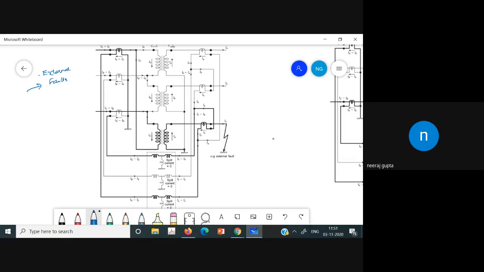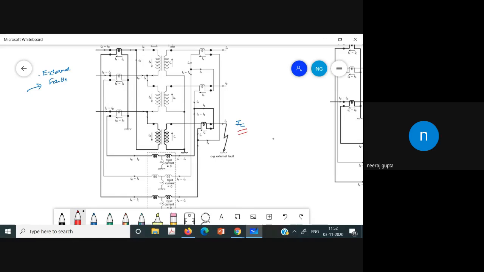So let us suppose that the C fault is there. Now if the C fault is there, then overall IC is affected. That is, this IC is also increased and this IC is also increased.